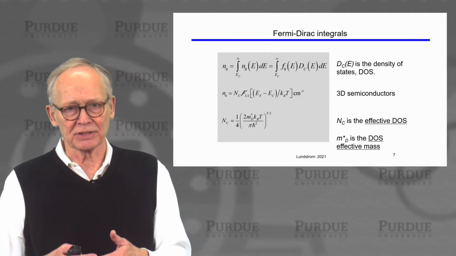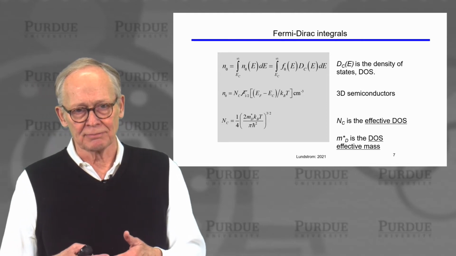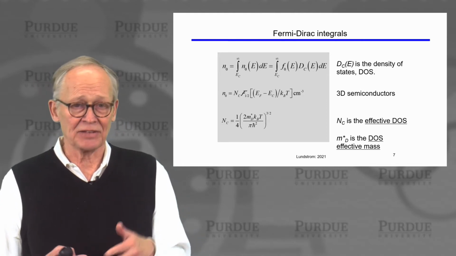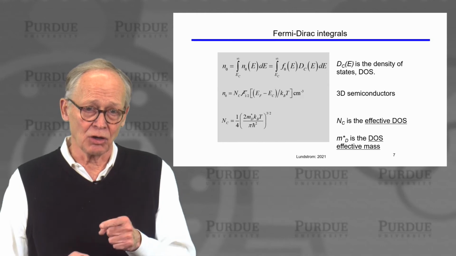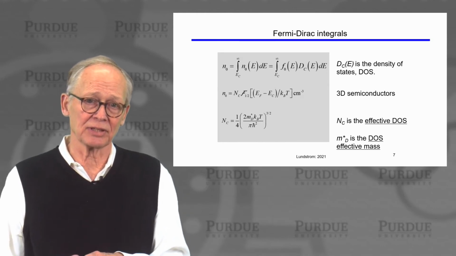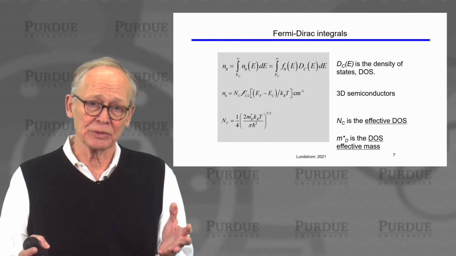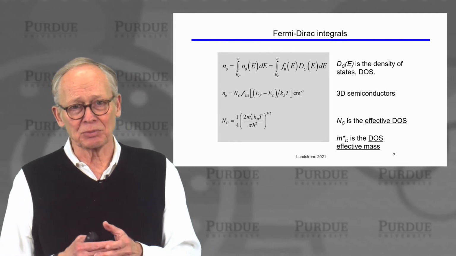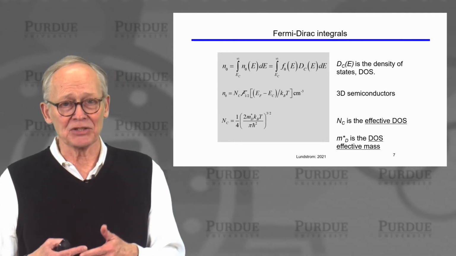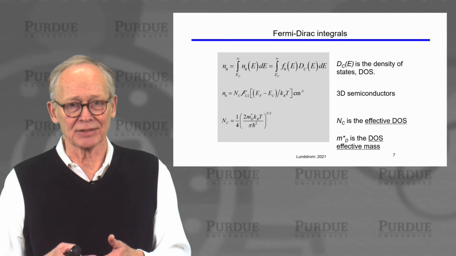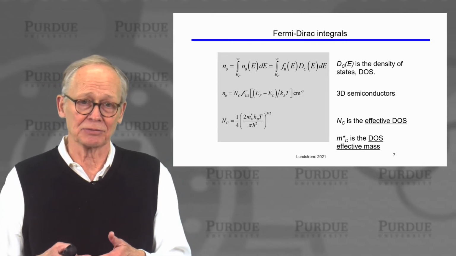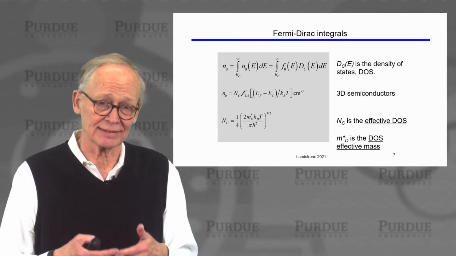So for example, silicon is an ellipsoidal band semiconductor. It has different effective masses along and transverse to the major axis of the ellipsoid. Which effective mass do we use? Well, if we solve this problem, we use some combination of effective masses for a semiconductor like that. We also have to account for the fact that there are 6 valleys in silicon.